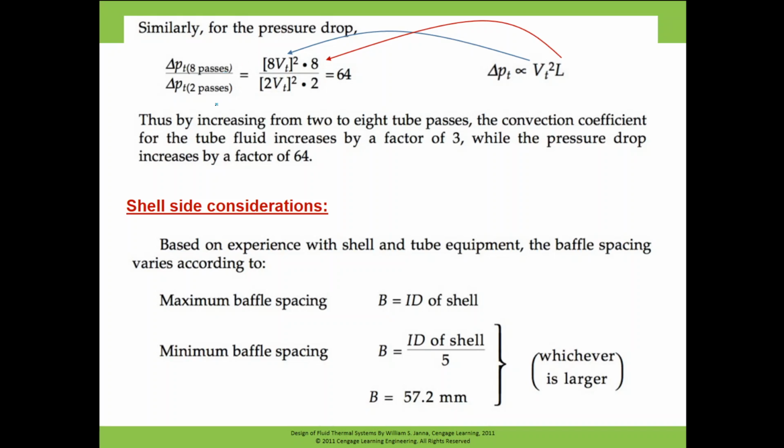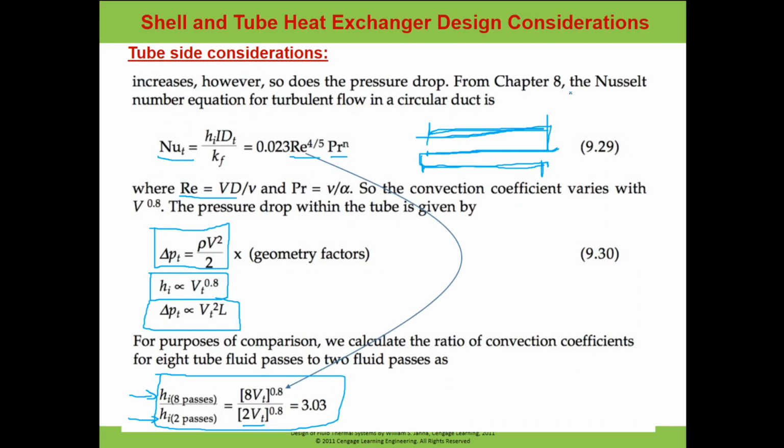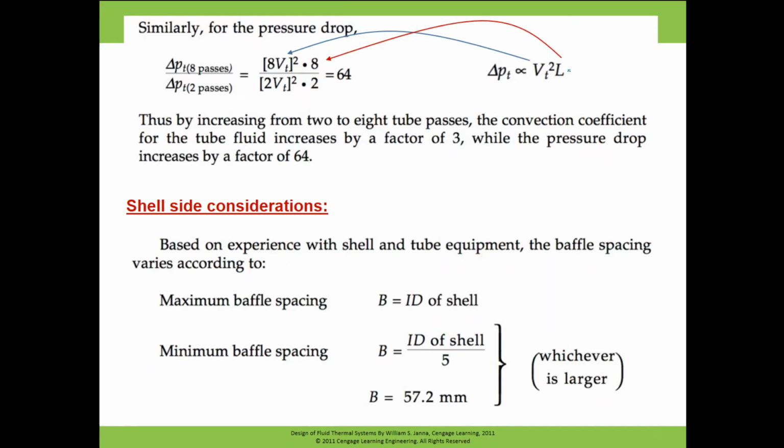Now when we look at the pressure drop, the pressure drop is proportional to v squared as well as proportional to the length of the flow path. So when it is 2 pass, the length is multiplied by 2, and when it is 8 pass, the length is multiplied by 8. Similarly, when it is 2 pass, the velocity is multiplied by 2, and when it is 8 pass, the velocity is multiplied by 8.